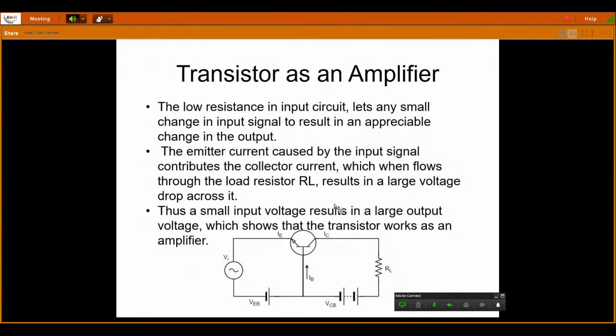So this is the transistor amplifier, a common base amplifier. We use VEB, which maintains the base to emitter junction forward, and VCB, which maintains the collector to base junction reverse. With that, your transistor is operated in the linear or active region.